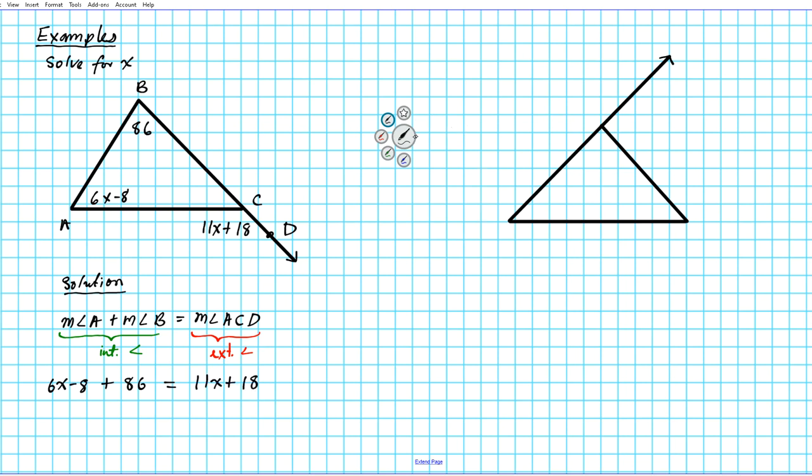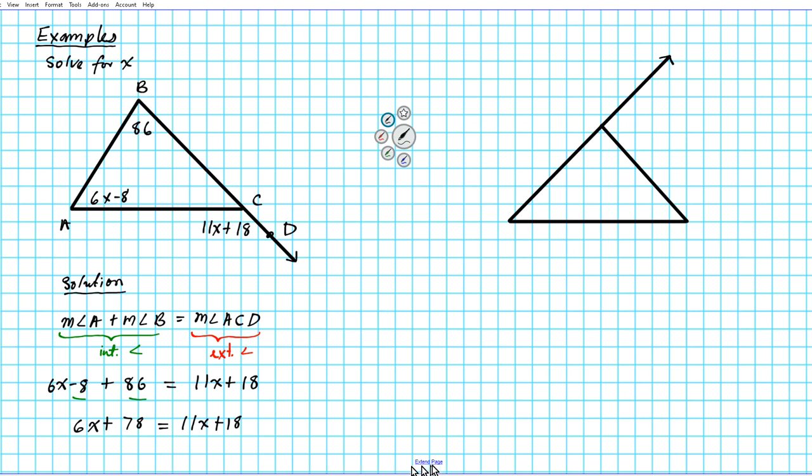So let's go ahead and combine like terms on the left side of our equation. So we're just going to simply add 86 and negative 8, bring down 6x plus, and then 86 minus 8 is 78. All right, that is equal to 11x plus 18. So now we're going to go ahead and solve for x.